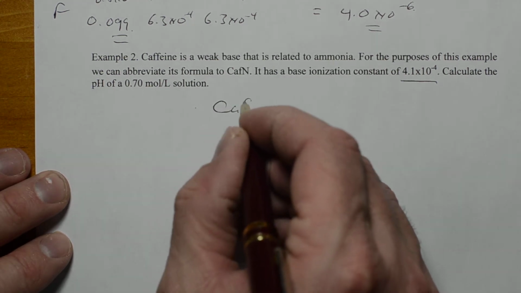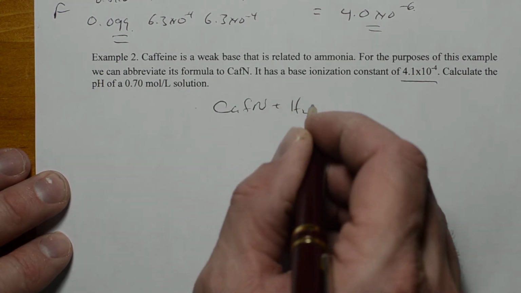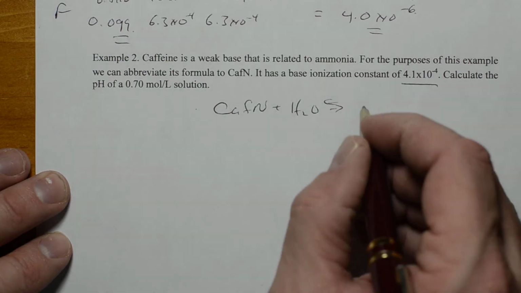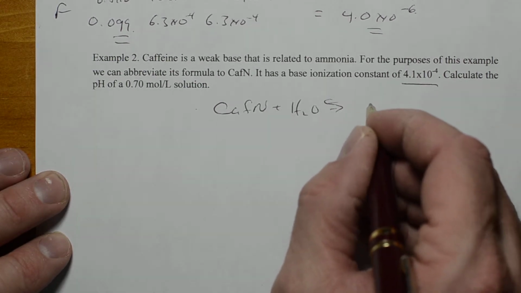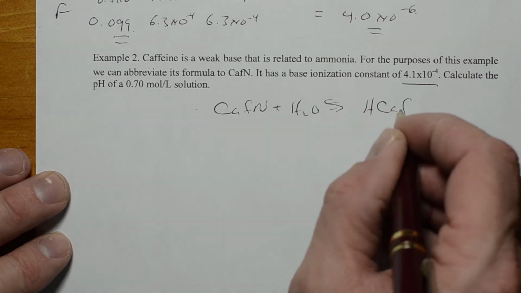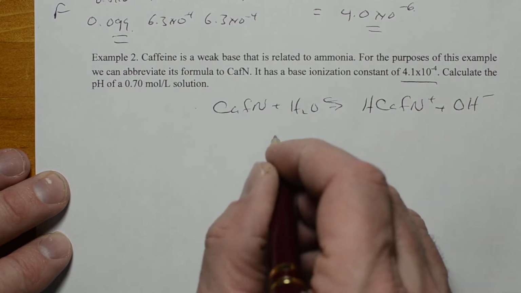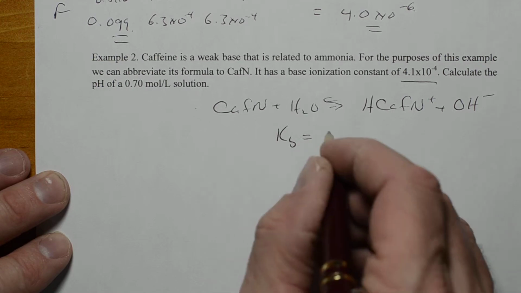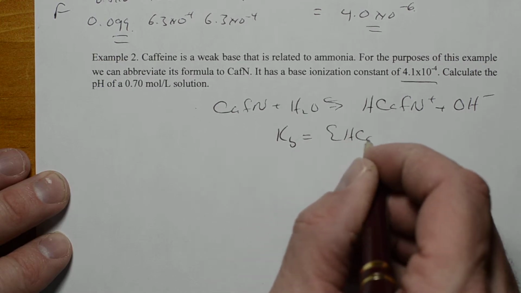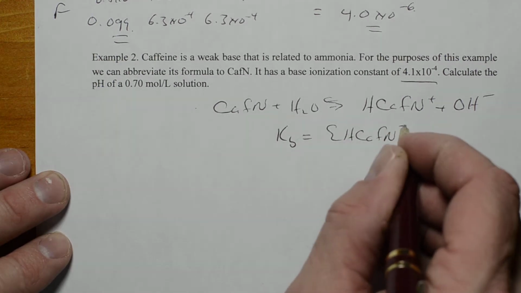Okay, so again, caffeine plus water. Put in our equilibrium sign. We're going to get H caffeine plus and OH minus. Do our Kb. Could anything be simpler?